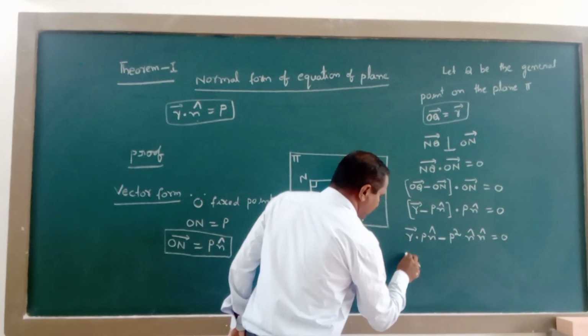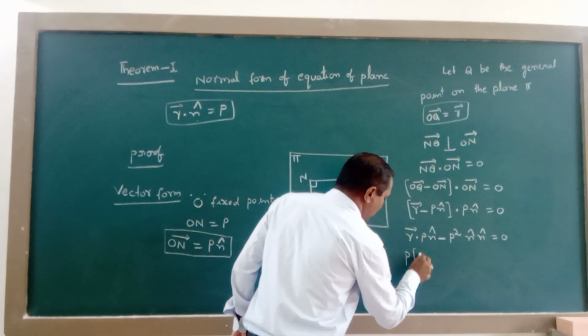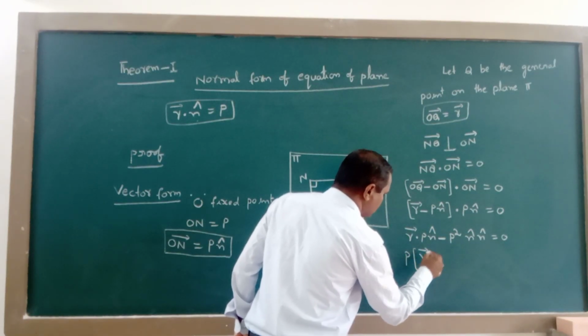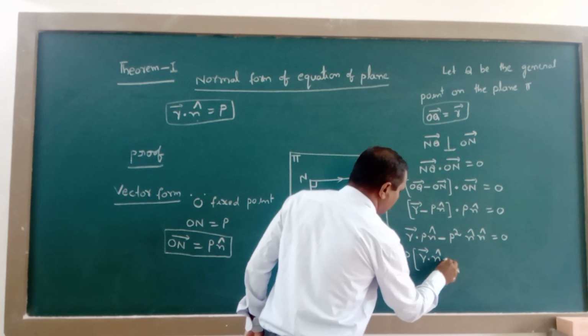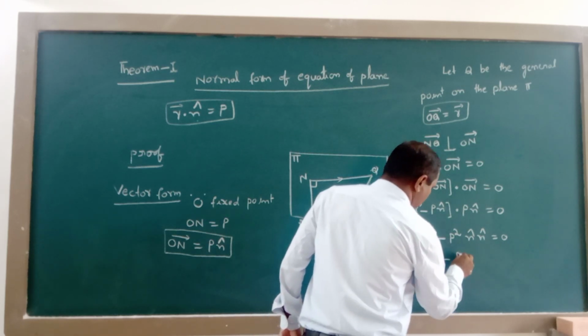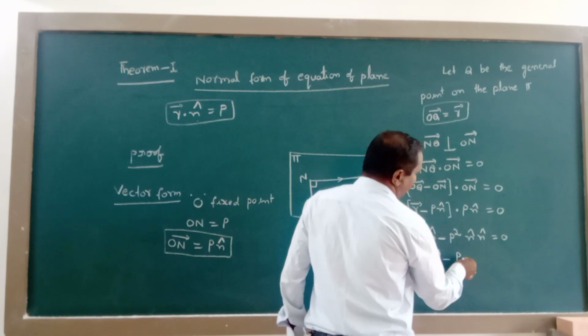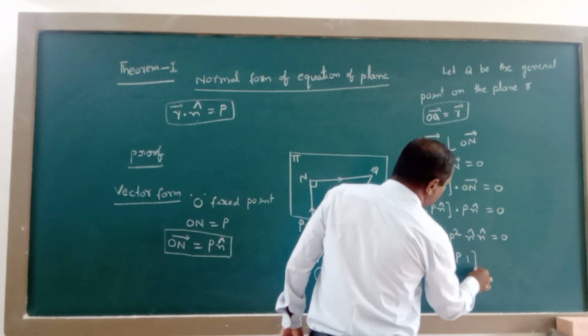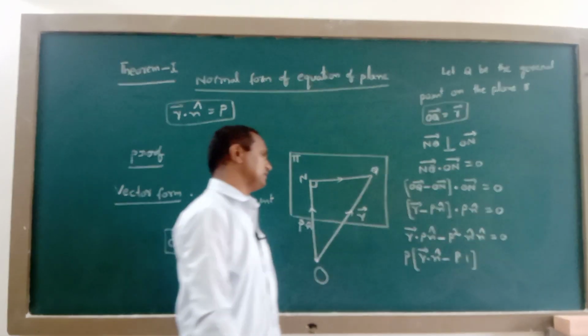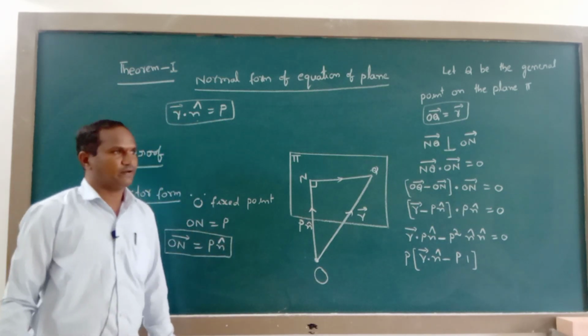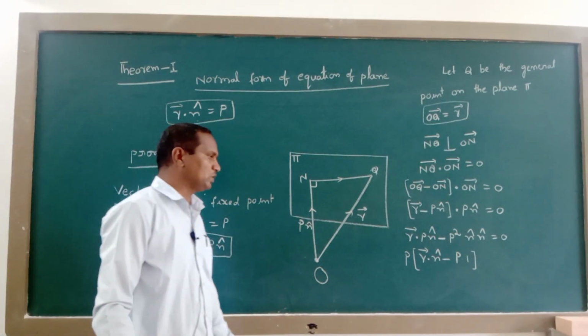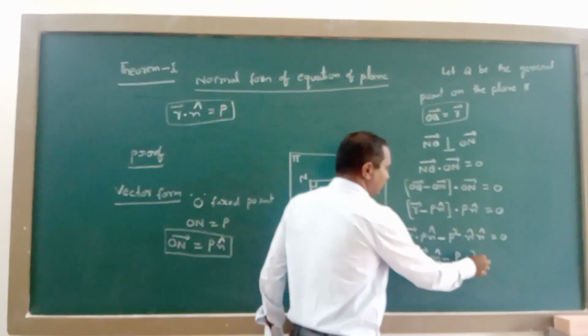Take P as common, then we get P times (r vector dot n cap minus P). And n cap dot n cap means 1, because n cap is a unit vector; unit vector dot unit vector is equal to 1.